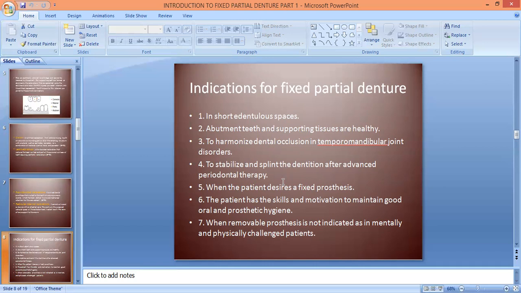When a removable prosthesis is not indicated, as in mentally or physically challenged patients, giving an RPD will be difficult in their day-to-day life. So you can give an FPD if the periodontium is healthy and the patient maintains good oral hygiene.